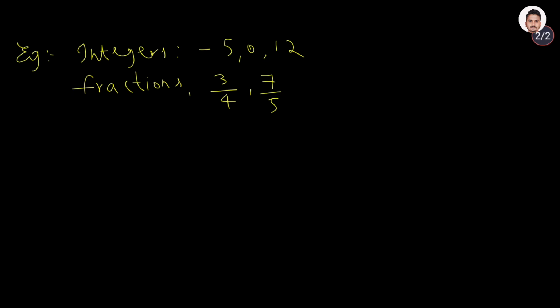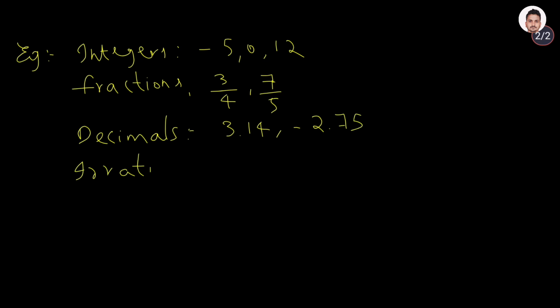In decimals, 3.14, -2.75. And in irrational numbers, √3 and pi. These are some examples of real numbers.